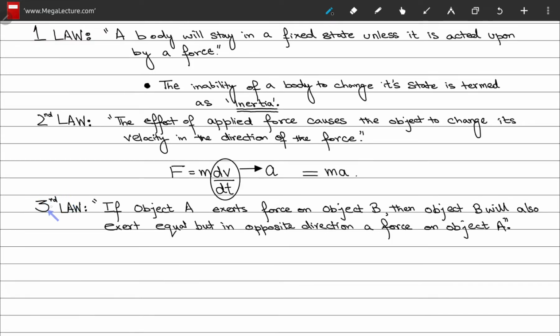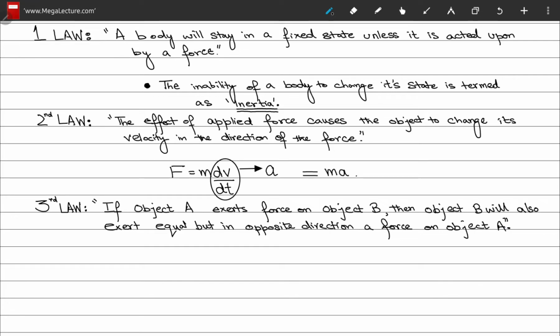Moving on to Newton's third law of motion, it states that if an object A exerts some force on, let's say, an object B, then object B will always exert an equal but opposite force on object A, right?